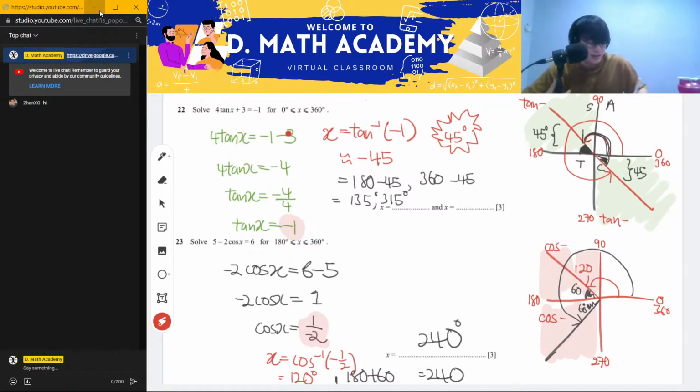What Fazana did here, guys, is that he reflected this entire thing down, taking the x-axis as the reflection. So you get 240 through that calculation. That's how you solve our question here.